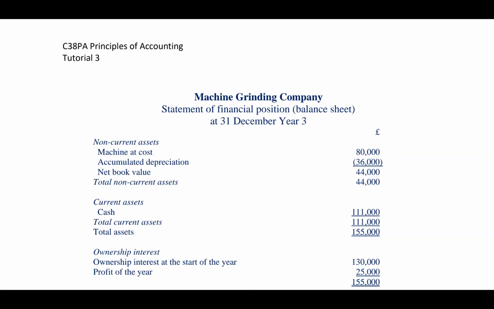So when the spreadsheet has already agreed, then we just come to put the numbers: accumulated depreciation at the third year. Then the net book value. Obviously, the net book value is the cost of the asset minus accumulated depreciation. Then you have total non-current assets. And then you add all the current assets, which is just the cash.